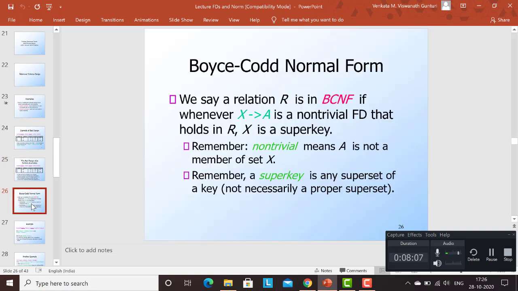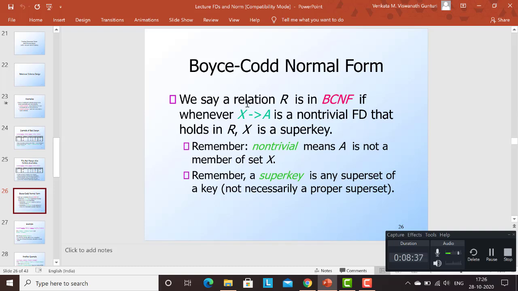Okay, so with that in mind, let's start our first technique. This is called Boyce-Codd Normal Form, BCNF. We define a relation to be in BCNF if whenever a functional dependency X implies A exists, just to remind you of terminology, X can be a set of attributes.